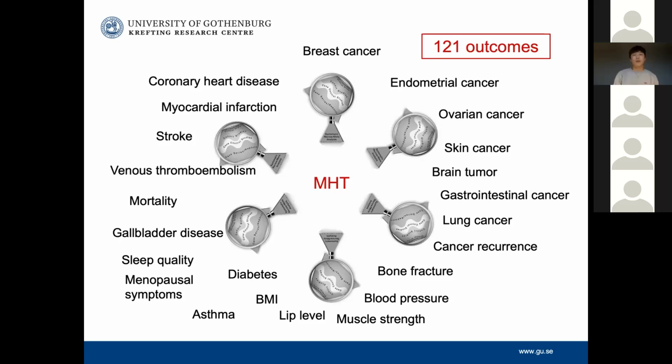Those outcomes vary from different cancers to different cardiovascular diseases and also some surrogate outcomes. And each symbol represents a systematic review which has looked at MHT and any health outcome.